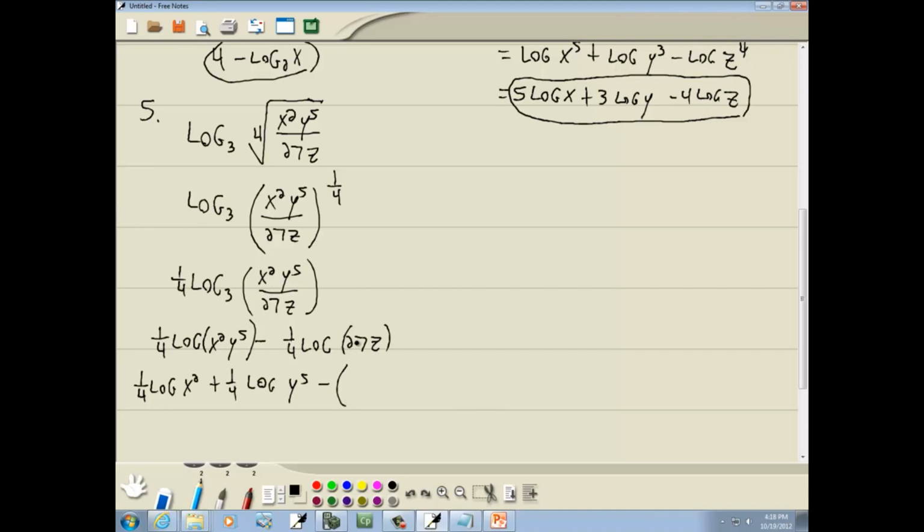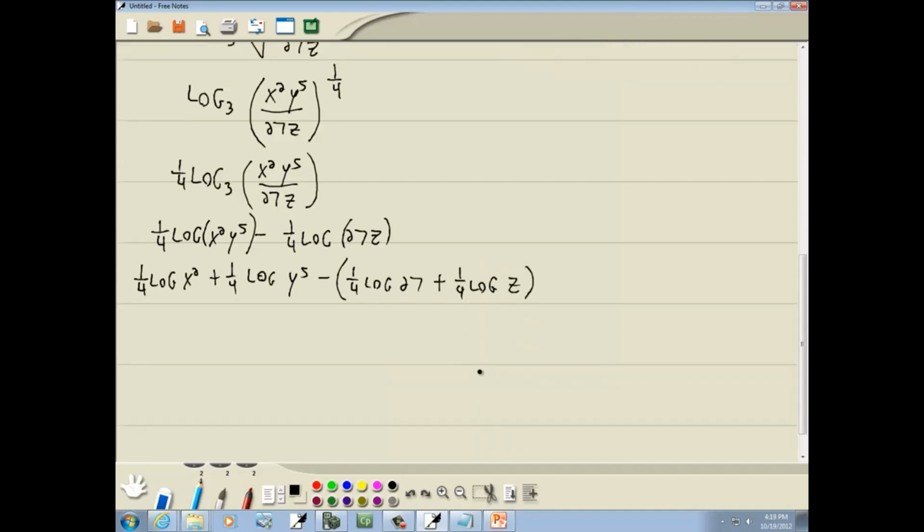So as we rewrite this log over here, it has to change the sign of both of these. Well, I got 27 times z, that's multiplication. So I'm going to have 1/4 log 27 plus 1/4 log z. Now again, the 1/4 has to be out in front of each one of those logs.